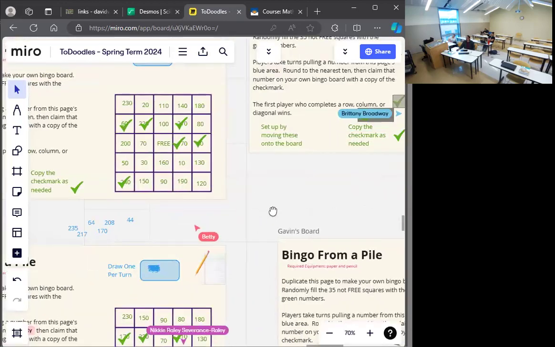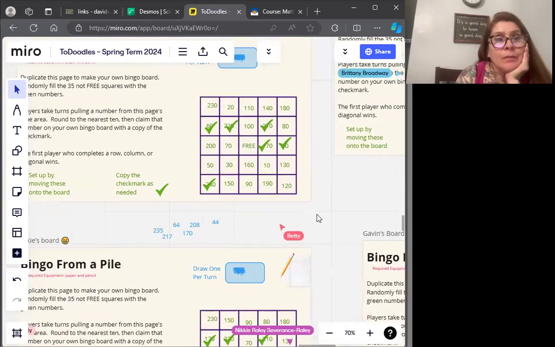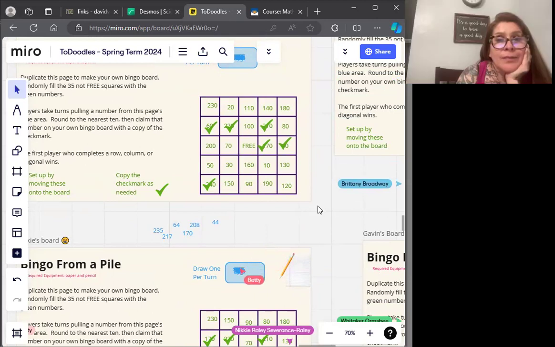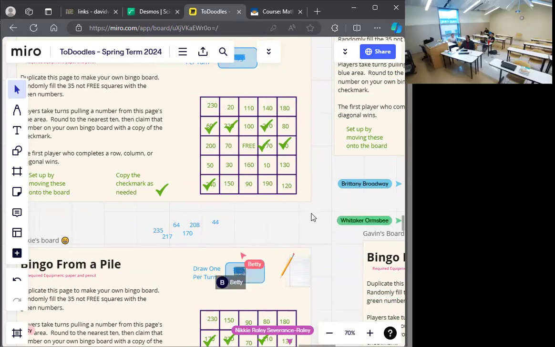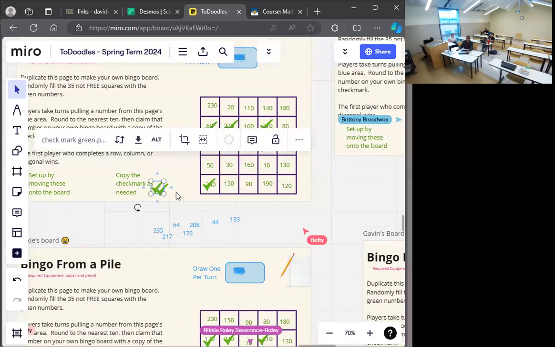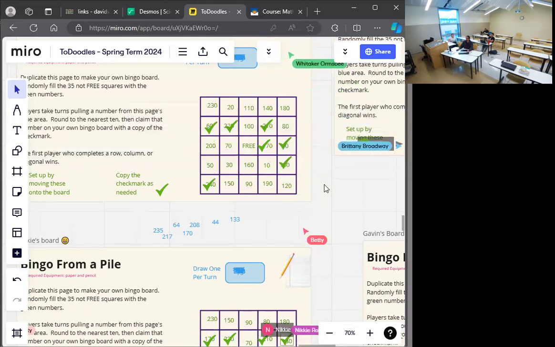Lots of bingo. Okay, I'm going to keep it where I can see what I'm doing. Yeah, sure, you can set the pace. 133. 130. Anyone have bingo?